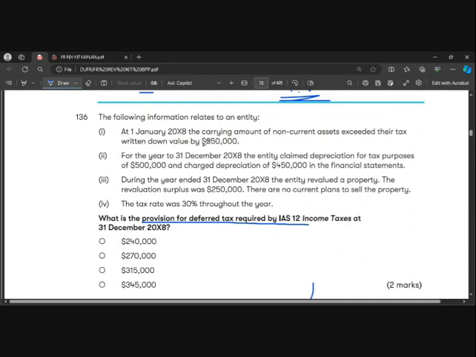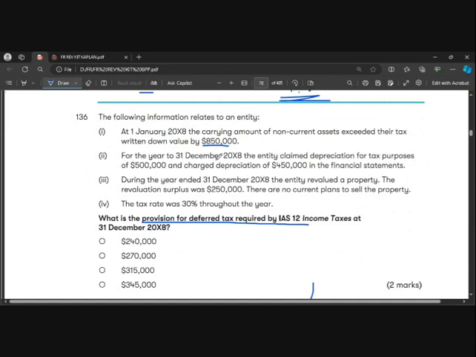So we've given you the opening balance and just a few adjustments here. Just add up a few amounts here, and then you'll get the closing balance and multiply by 30%. So the opening taxable temporary difference was how much? 850, right?